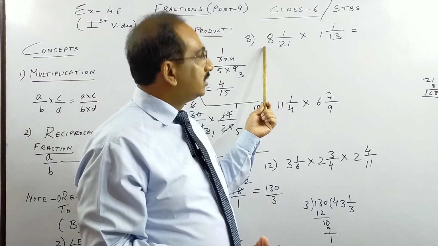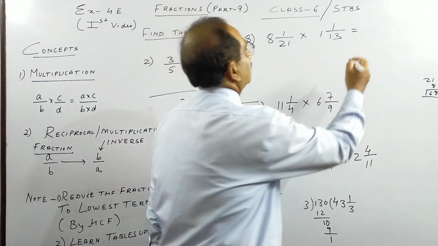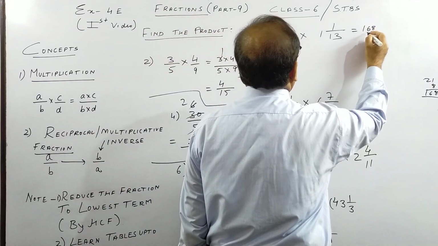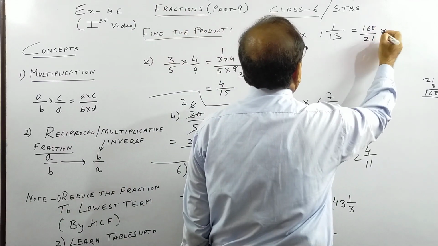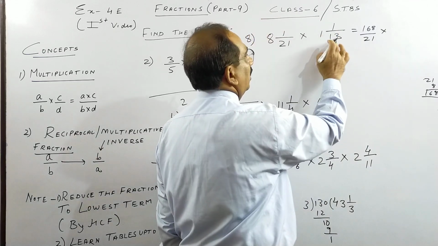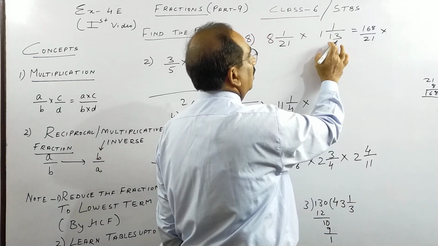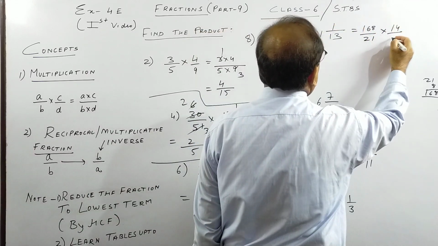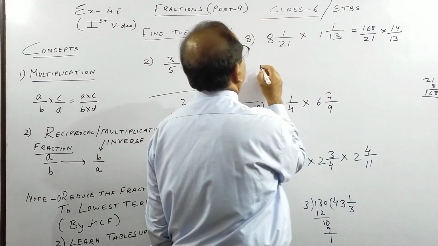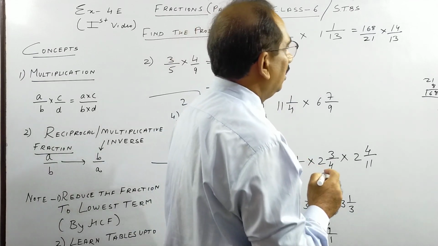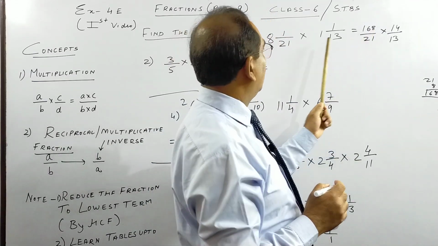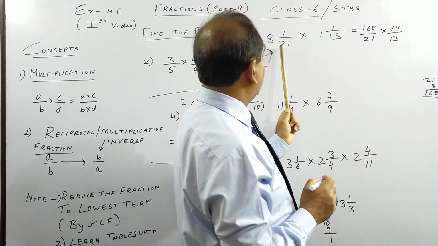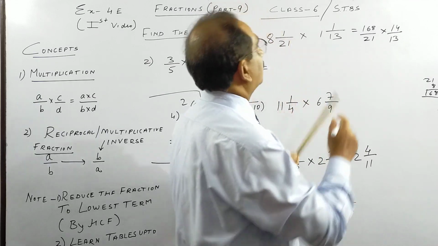You add it to 160, you get 168 by 21. Now 1 13 by 1 by 13. 13 ones are 13 plus 1, 14 by 13.